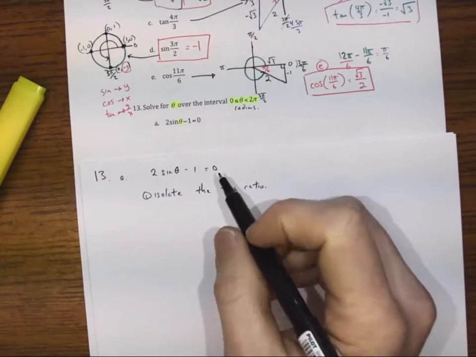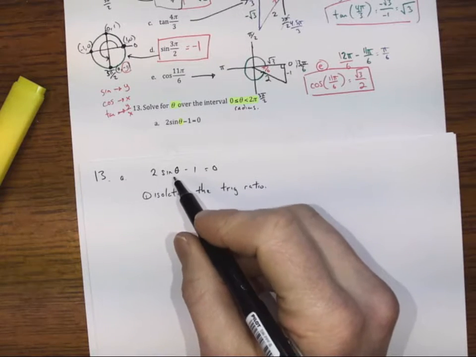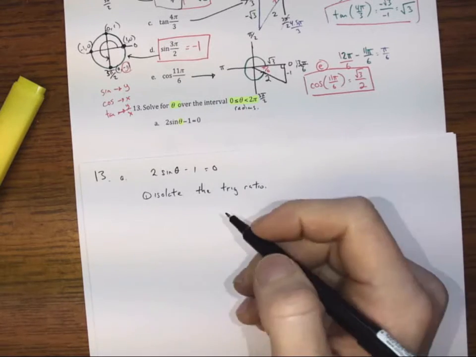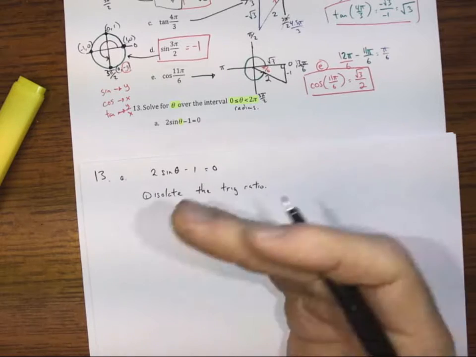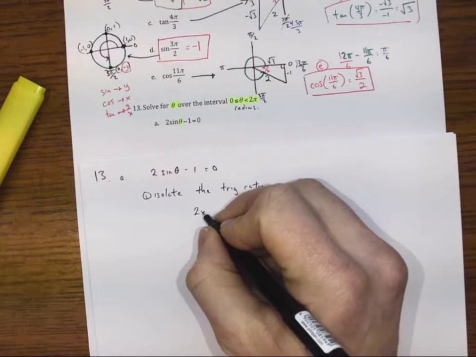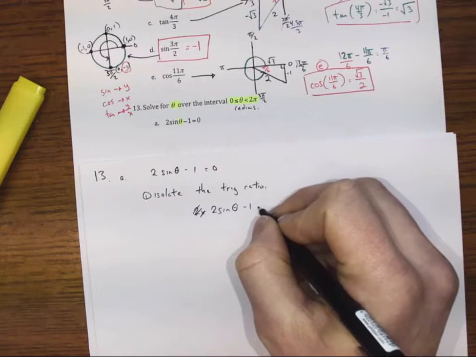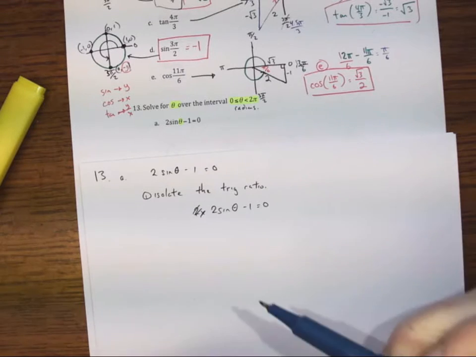And the reason for that is actually there are 2 answers, but if we try to just use algebraic rules by doing opposite operations to both sides to isolate theta, we're only going to end up getting one of the solutions, but we want both or all of the possible solutions. So what we'll do is we will add 1 to both sides of the equation.